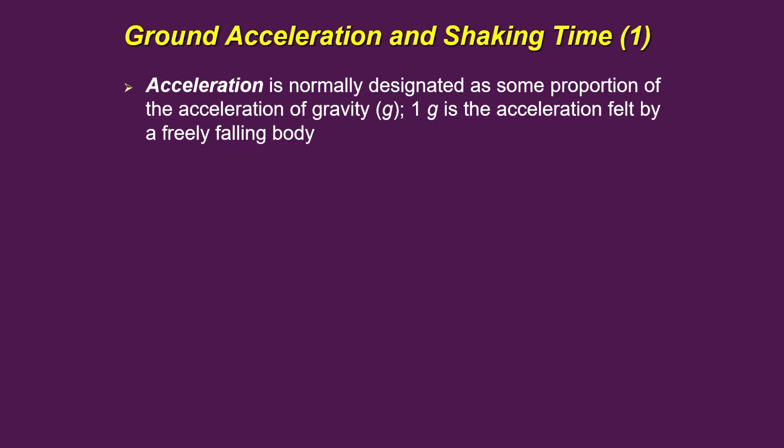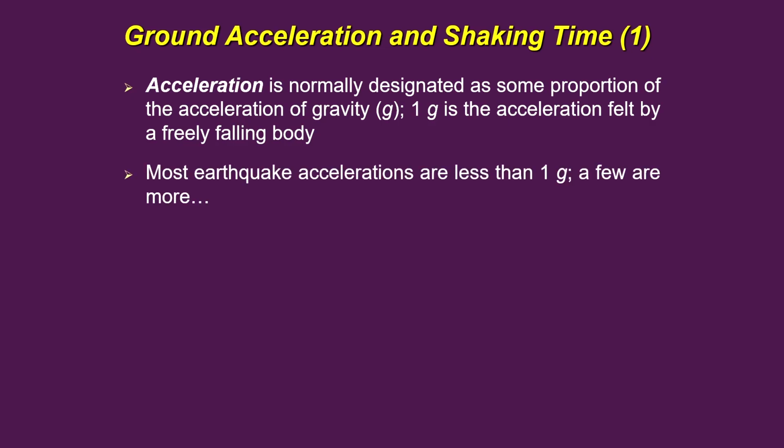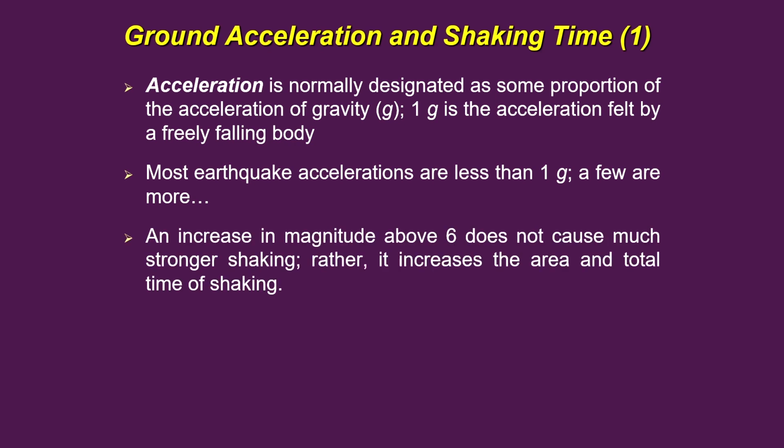Okay. So 1 g is the acceleration felt by a freely falling object. Most earthquake accelerations are less than 1 g and a few are more, okay. Because if you have 1 g, it is quite dangerous.